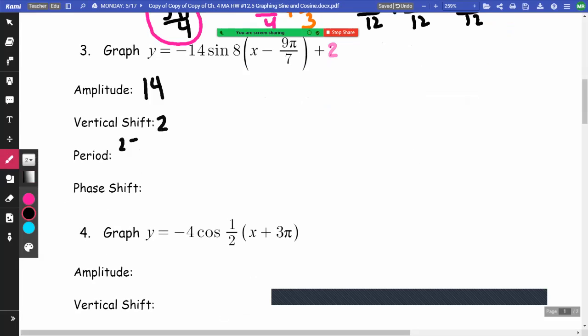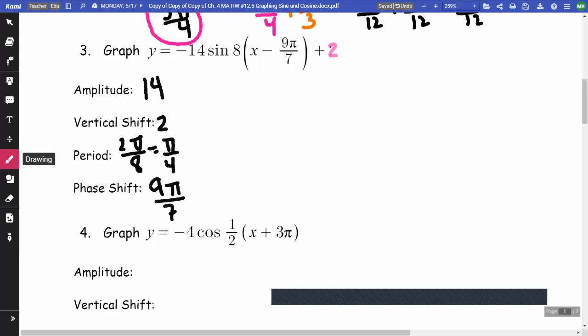Period is 2 pi over 8, which is pi fourths. Phase shift is 9 pi sevenths. Okay, so we're going to start at 9 pi sevenths. I am going to add my period, which is pi fourths.